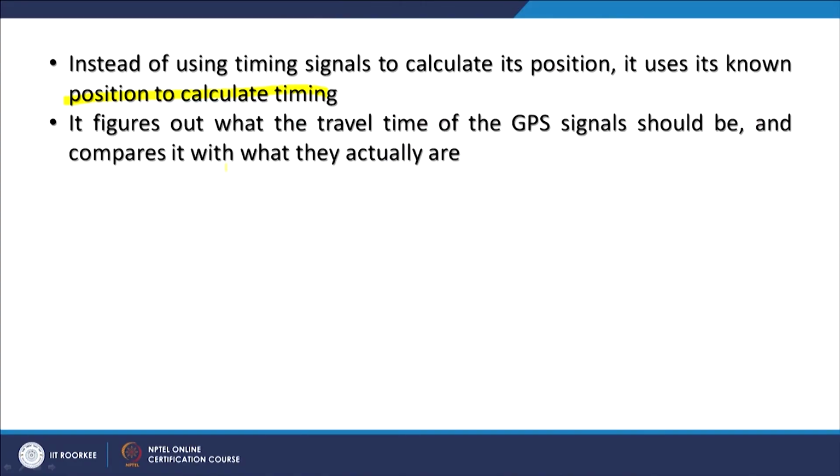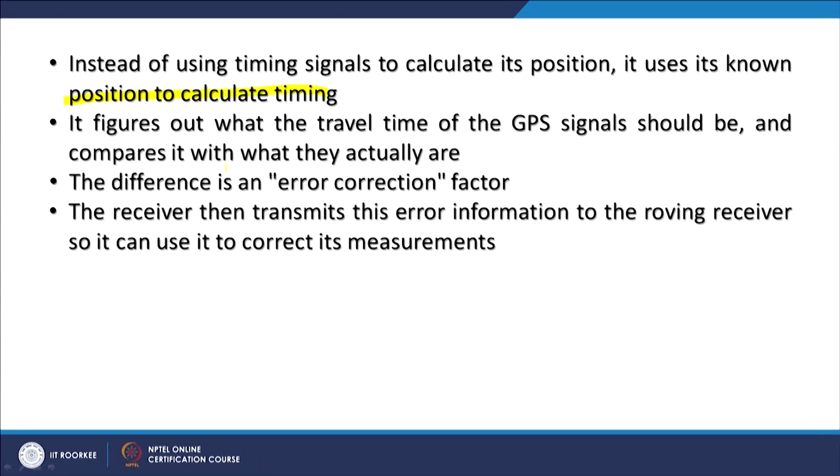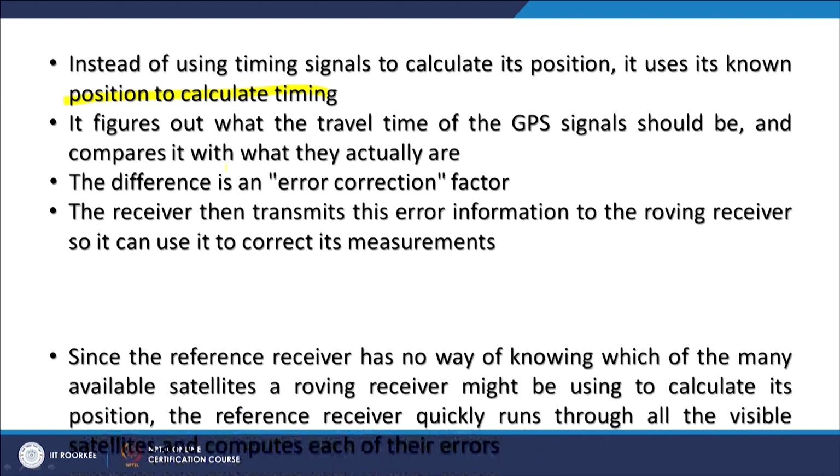So, it figures out what the travel time of GPS or GNSS signals should be and compares it with what they actually are, and the difference is an error correction factor. And this receiver then transmits this error information, or may record it for post processing, to the roving receiver, so that it can use it to correct its measurements.